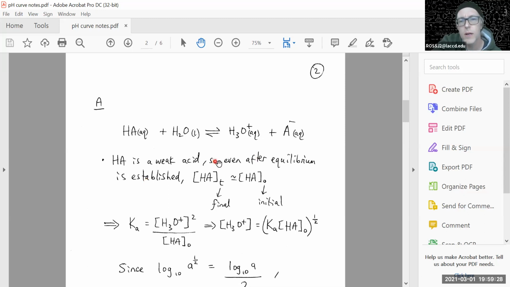I've remarked here that even after equilibrium is established, the concentration of the weak acid at time t is approximately the concentration of the weak acid at time 0. What that means is, because it's a weak acid, its acid dissociation constant is a lot less than 1. So its equilibrium is still shifted left.